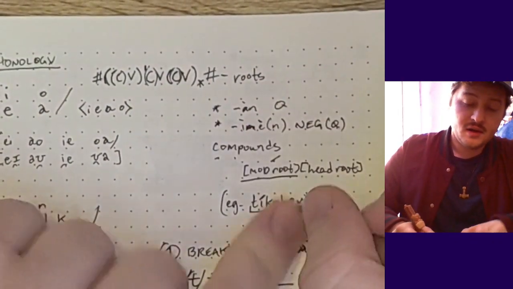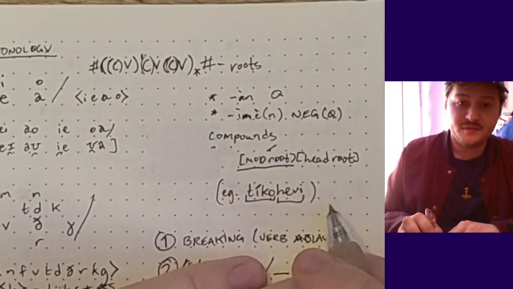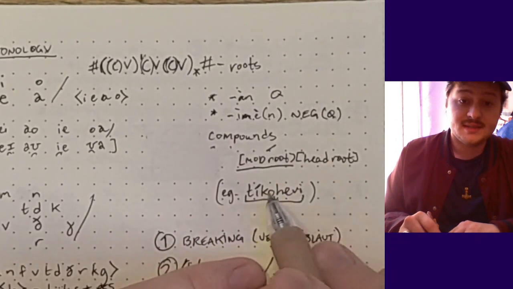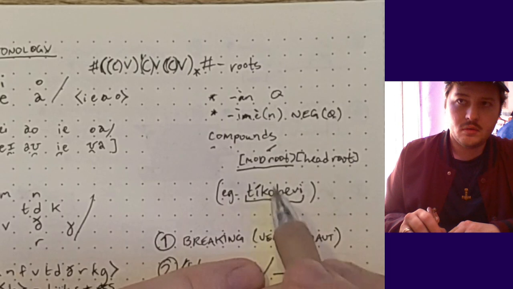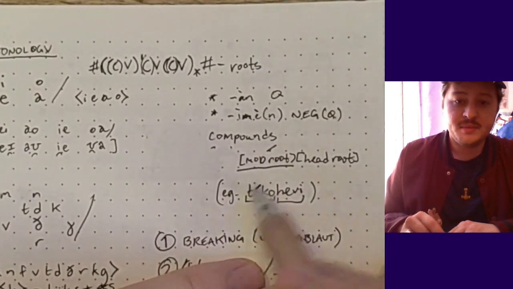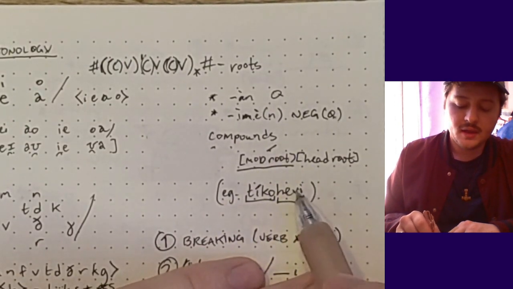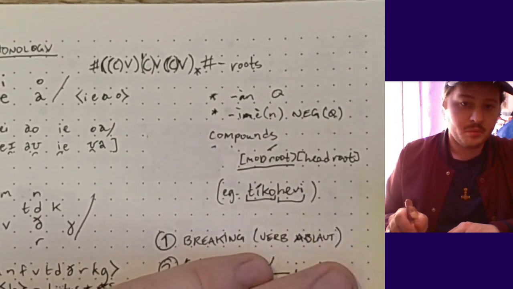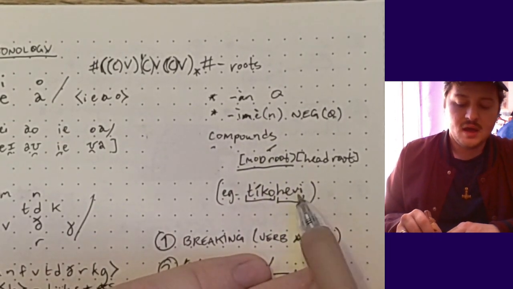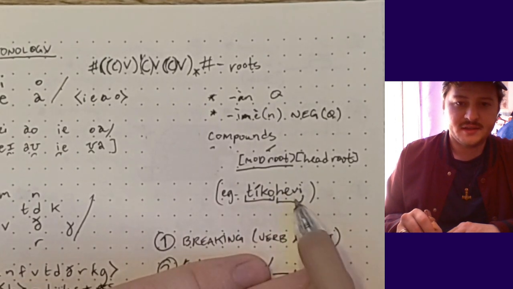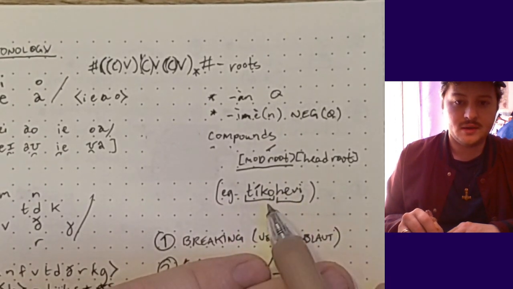So here I have a compound word, psychoevi. Evi means person, psycho means book. So this means scholar. And it's book person, basically. It's a person, so that's the main thing, the evi. And it has its secondary stress there, but it's psychoevi, not psychoevi.